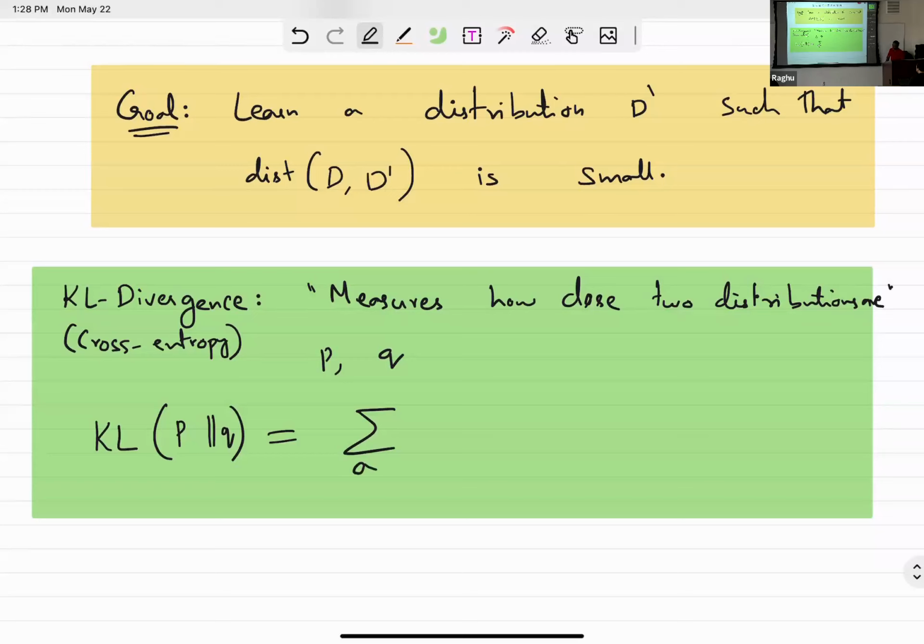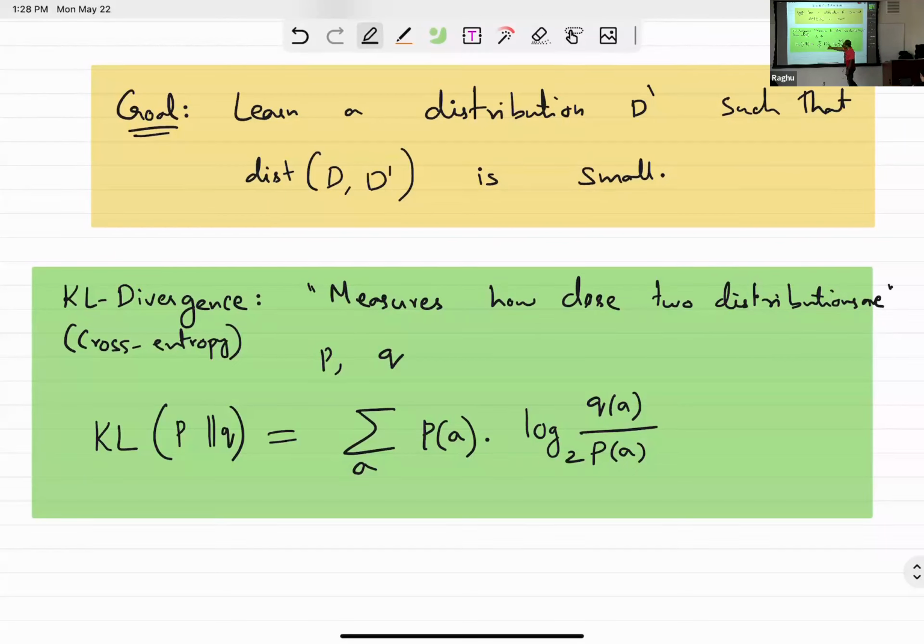So the formula is, for every possible event in your sample space, you look at the probability under the distribution P, multiplied by this weird looking expression. This is the cross entropy loss essentially, or if you know entropy, it's connected to that.